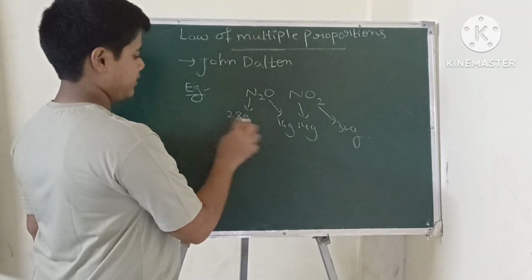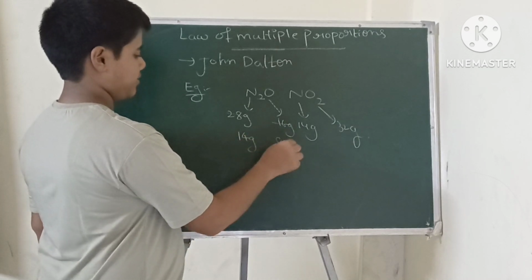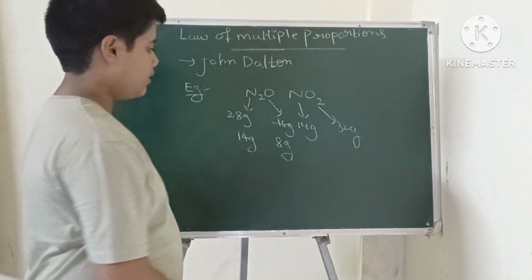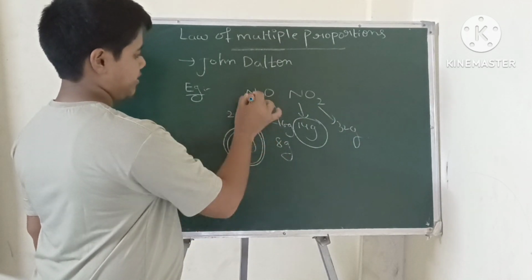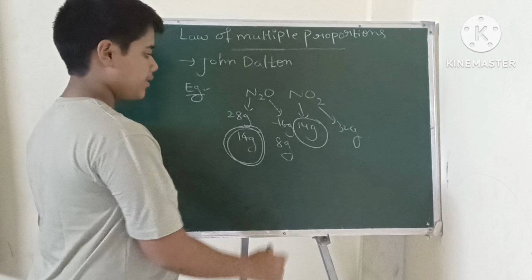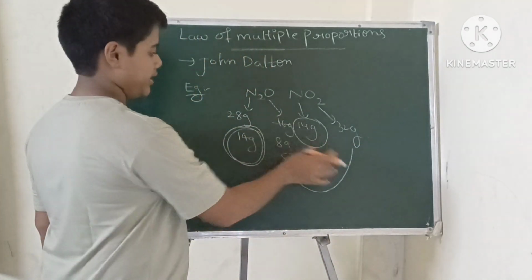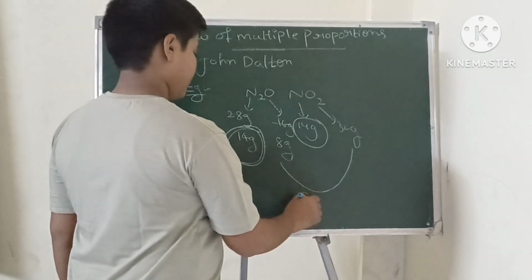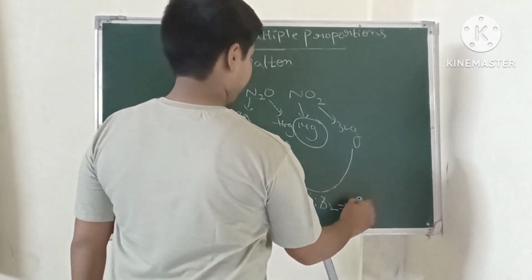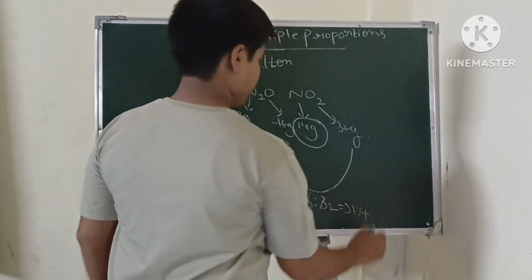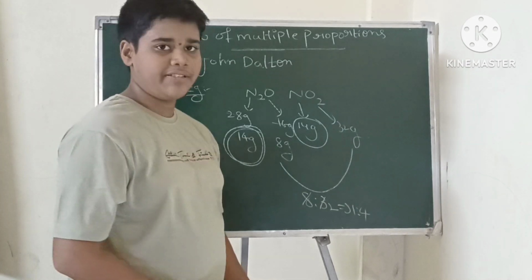If I cancel these two values, 14 grams and 8 grams. So in this, 14 grams, nitrogen weight, is constant. So we have to take the ratio of these two molecules. If you see here, 8 is to 32, which is nothing but 1 is to 4. So this is the law of multiple proportions. Very simple topic.